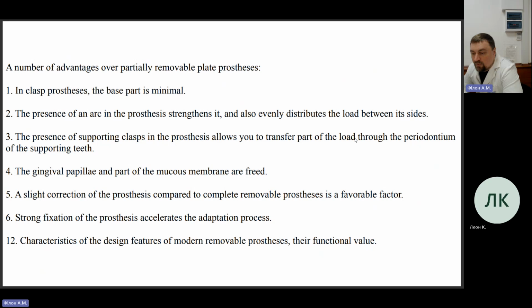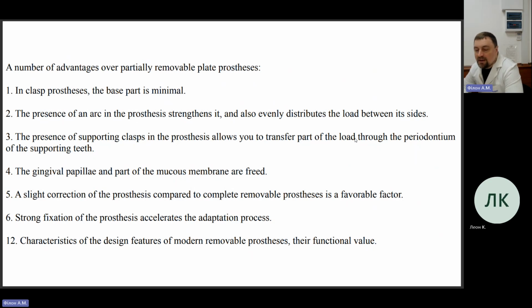A number of advantages exist over removable plate prosthetics. First, in clasp prosthetics, the base part is minimal. The arch of the prosthetic also distributes load between the sides. This allows you to transfer part of the load to the periodontium of the supporting teeth.